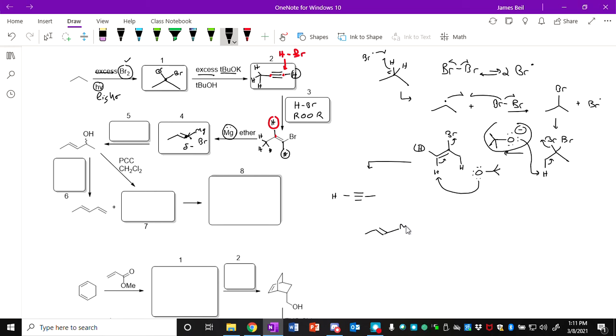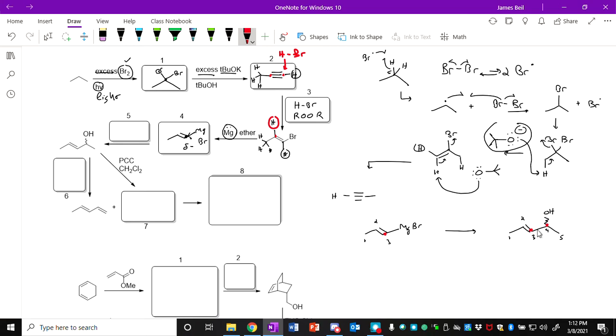So I've got this Grignard, and I want to convert it into this alcohol. I'm starting with a molecule that has 3 carbons, and I'm converting it into a molecule that has 5 carbons. So I've got to add 2 additional carbons, and I notice that the nucleophilic site, which is carbon 3, is going to end up directly connected to the carbon where there's an OH.